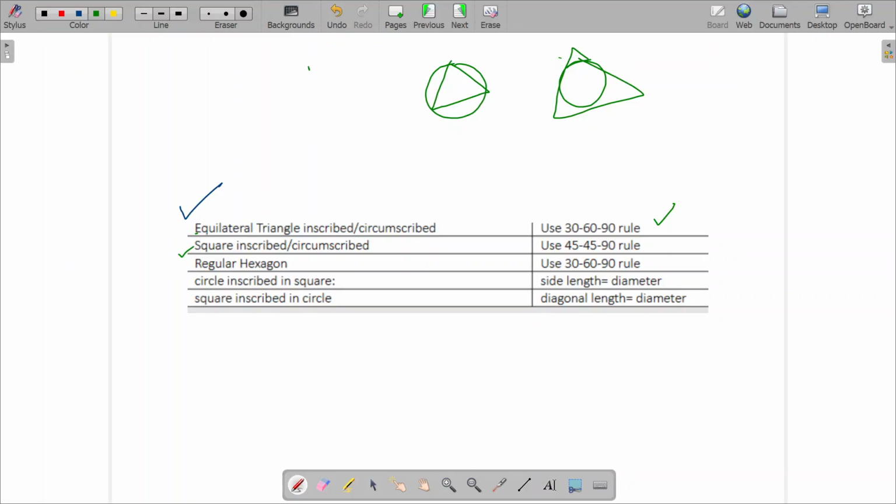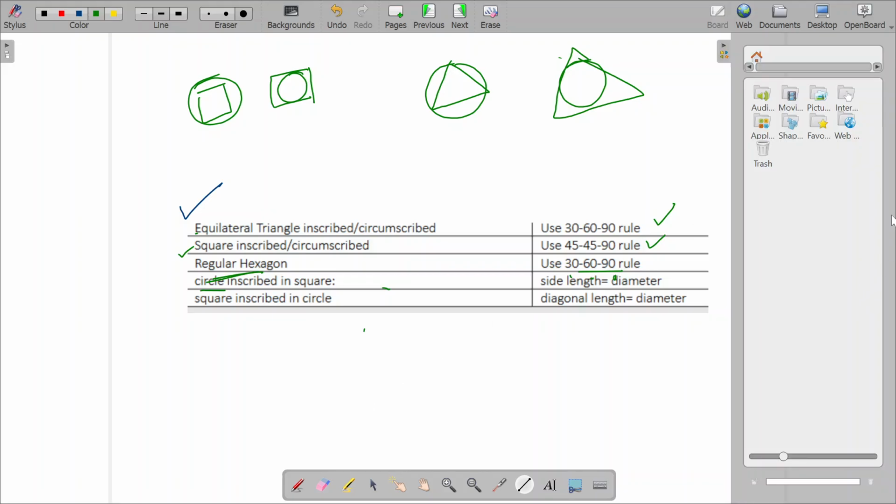Second, whenever you see a circle inscribed in a square or a square inscribed in a circle, immediately you will understand that it is going to be 45 45 90. If it is a regular hexagon, then it is going to be the 30 60 90 rule. Now, circle inscribed in a square is a thing that many of you get confused about.